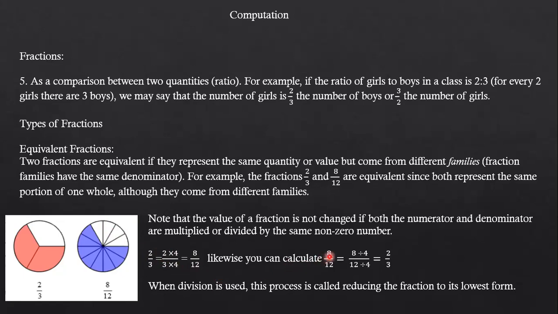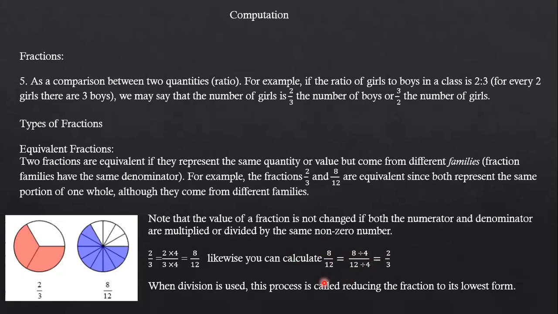Likewise, if we want to find a lesser equivalent value of 8/12, what we are going to do is divide, not multiply, because we are looking to get a reduced fractional equivalent of this fraction. So we are going to divide both the numerator and the denominator by the same whole number once more. 8 divided by 4 gives us 2. 12 divided by 4 gives us 3.